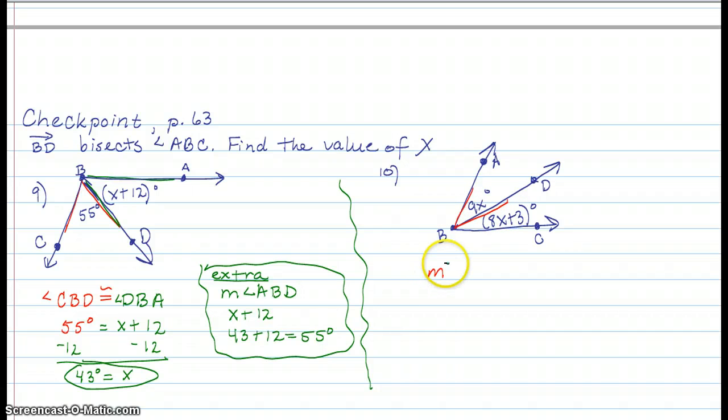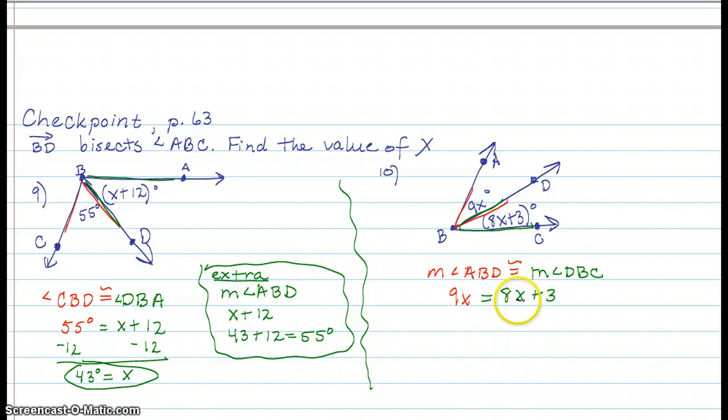So the measure of angle ABD is going to be 9x, and that is congruent to the measure of angle DBC, which is going to be 8x plus 3.